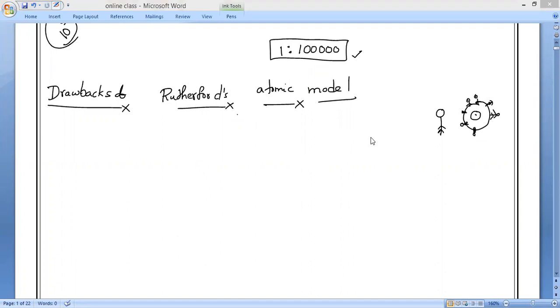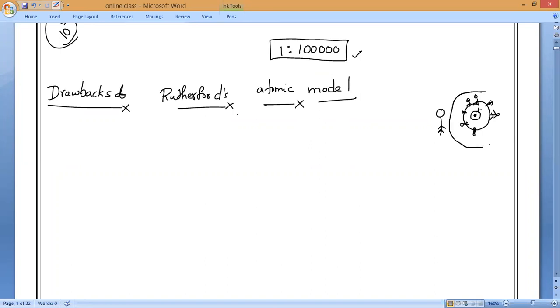Actually, electrons are negatively charged and inside is the nucleus. What charge does the nucleus have? Positive charge. If these electrons are really revolving around the nucleus, they have to lose energy, because to keep running they have to radiate energy. So when continuously revolving around the nucleus, they will lose energy and must fall into the nucleus.